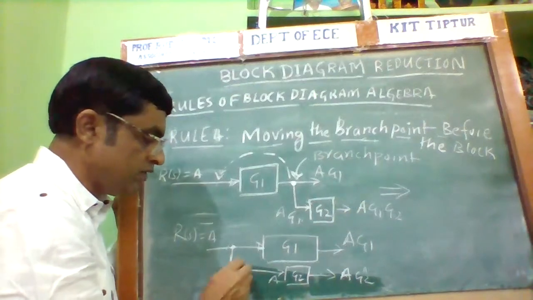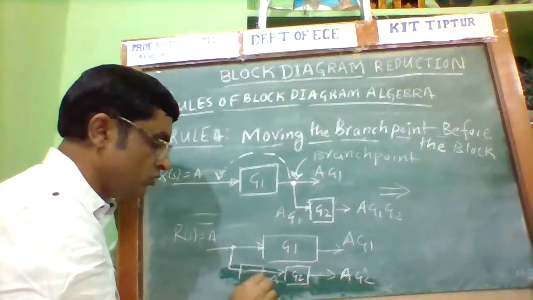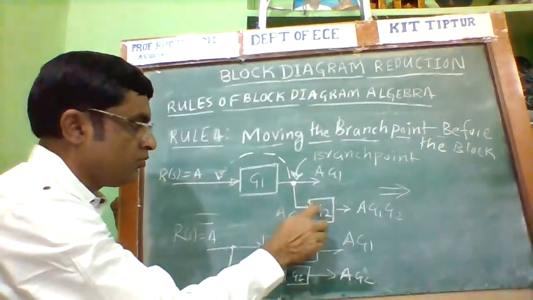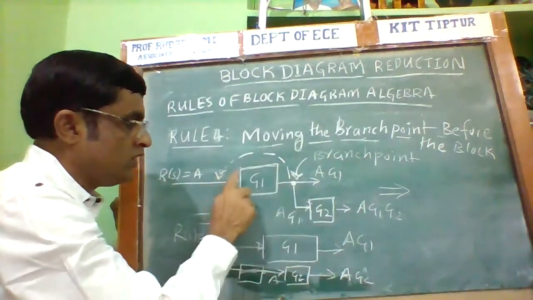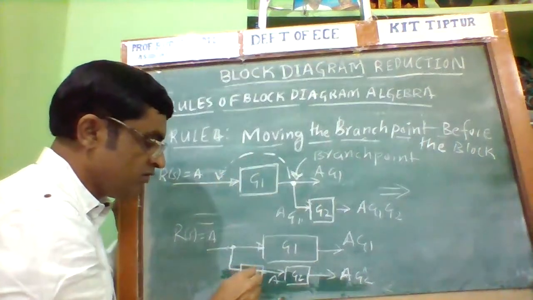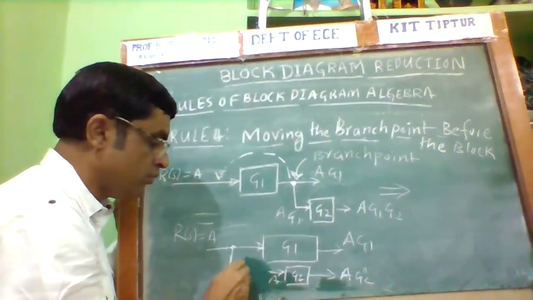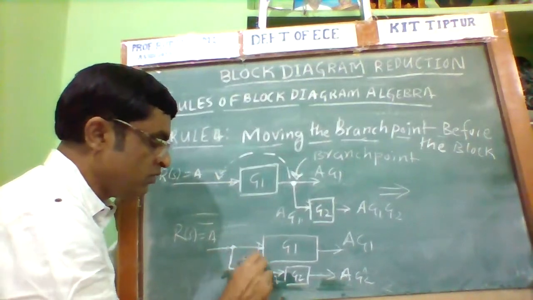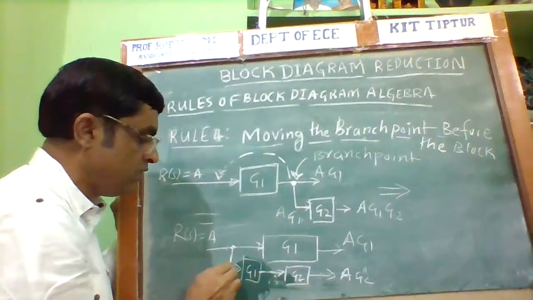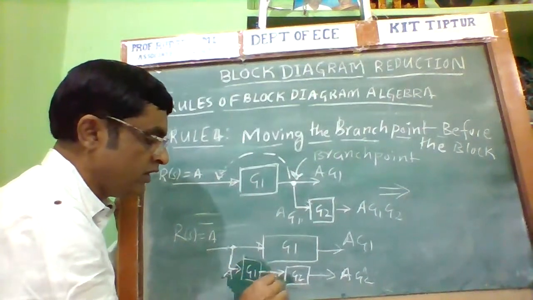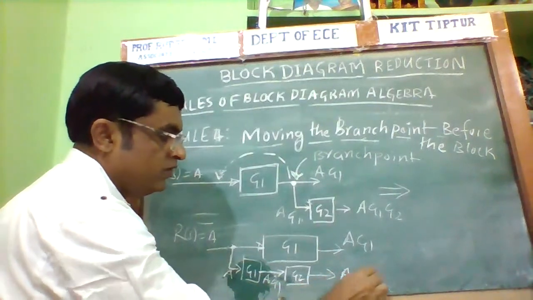Therefore, if I move this branch point before the block, the corresponding block's transfer function must be multiplied with this particular branch. Then A into G1 is the input here, and you will get A into G1 into G2.